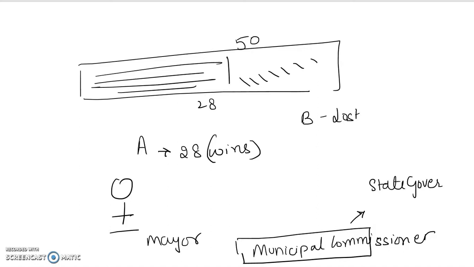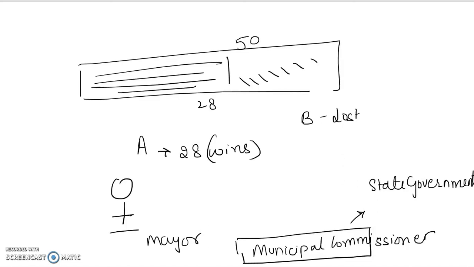Please take care. He is generally an officer of IAS rank, and he is appointed to make sure that the policies are implemented. Because, of course, the mayor and elected representatives won't always be in a position to implement them. So the administrative staff, along with the municipal commissioner, takes care of the implementation.